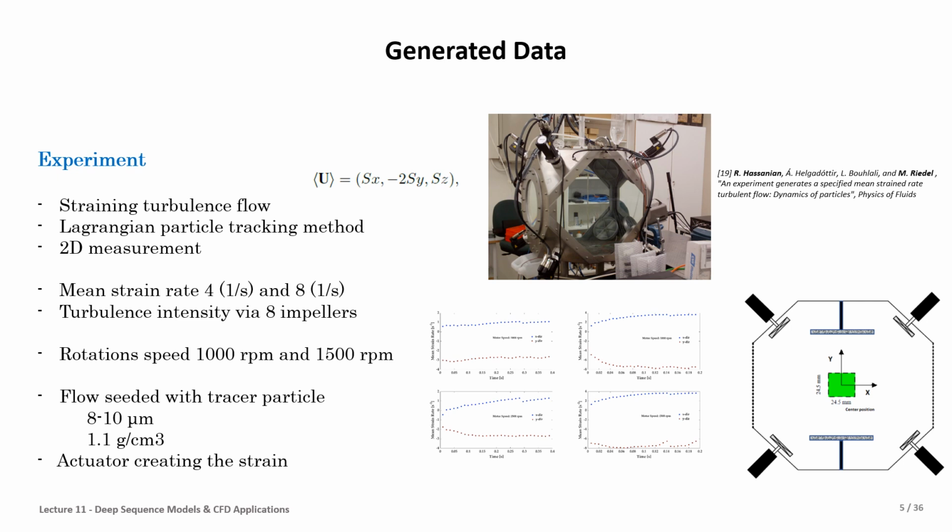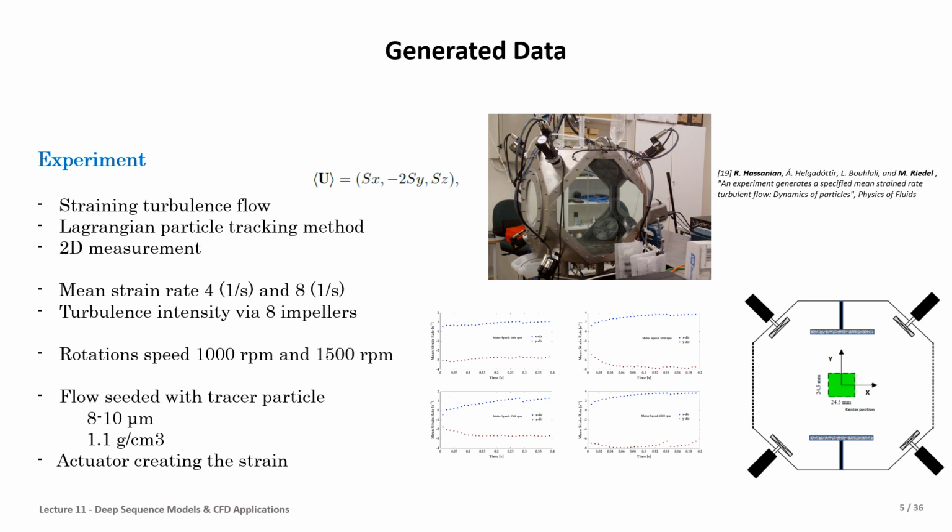For example, when flow passes an object, such as flow passing an airfoil or a sphere, this straining is happening, and there is a stagnation point in this type of flow.